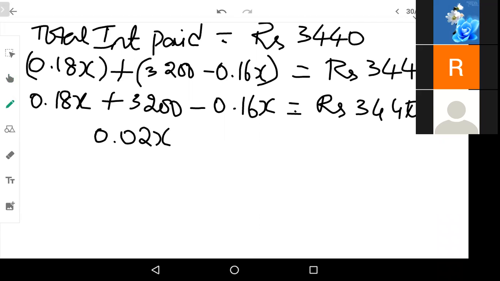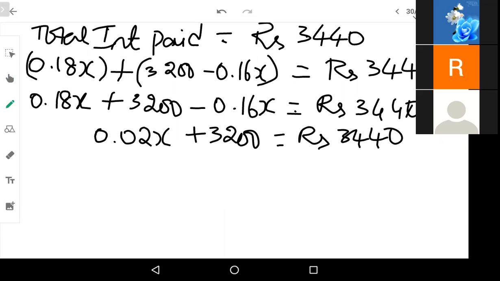Correct. Lakshmi, Sharath, all your answers are right. So 0.02x plus 3,200 is equal to rupees 3440. So 0.02x is equal to, I take 3,200 on the other side.